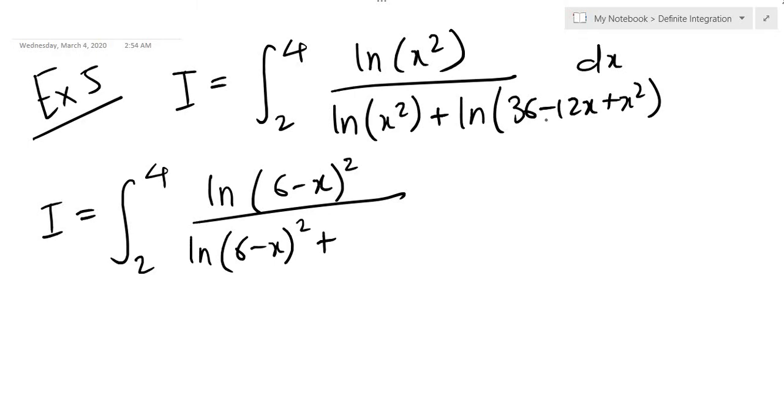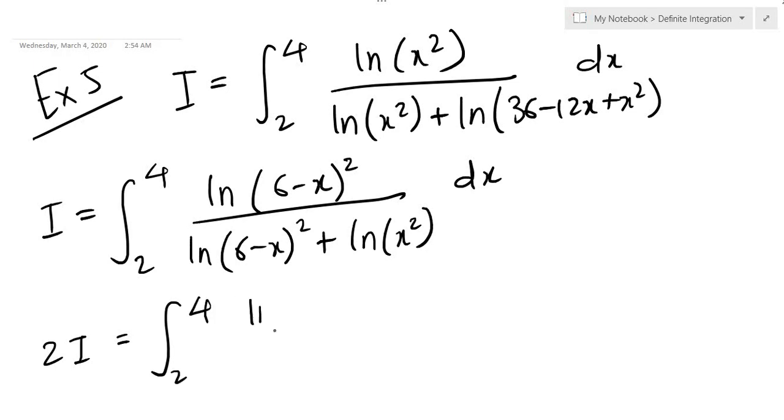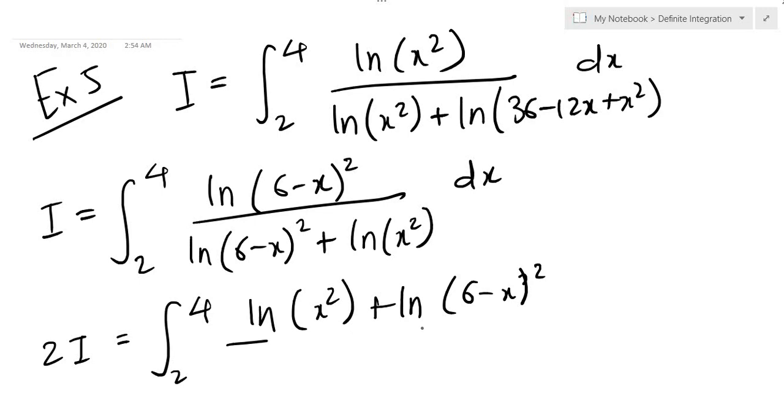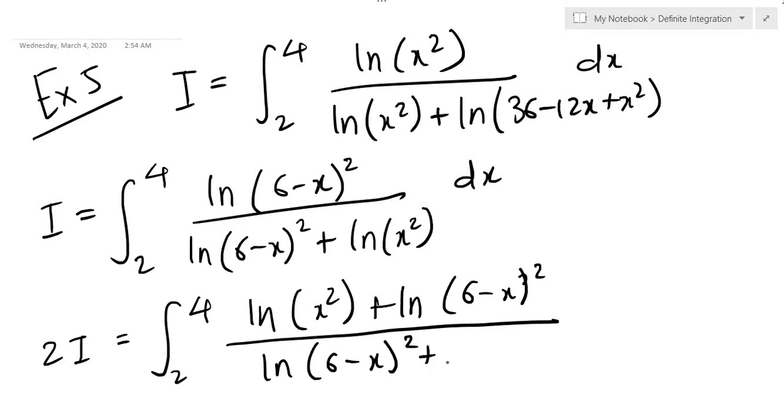And this, everything just simplifies to the natural log of x squared when you plug in x as 6 minus x. So yeah, we can add this I and this I together to get 2I is equal to the integral from 2 to 4 of the natural log of x squared plus the natural log of 6 minus x the whole squared all over, interestingly the same thing in the denominator, plus the natural log of x squared dx.